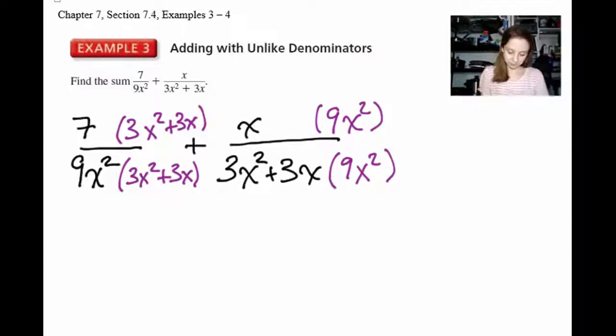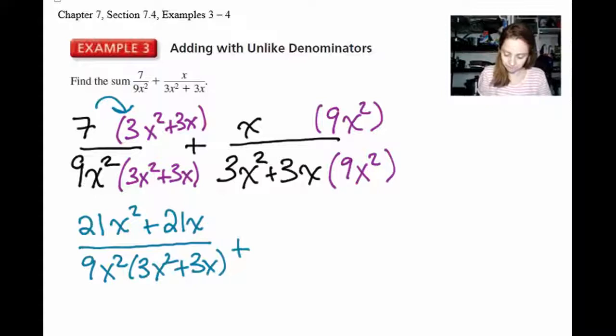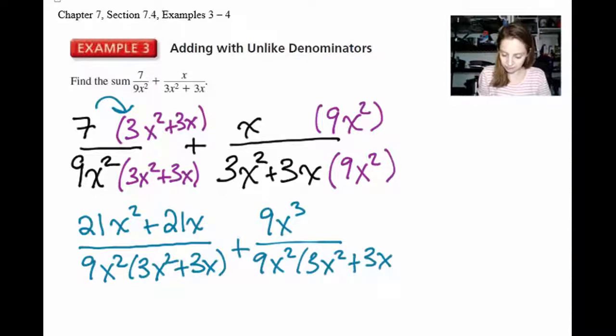Okay, let's do this multiplying. I get 21x squared plus 21x over 9x squared times 3x squared plus 3x, plus 9x cubed over 9x squared times 3x squared plus 3x.